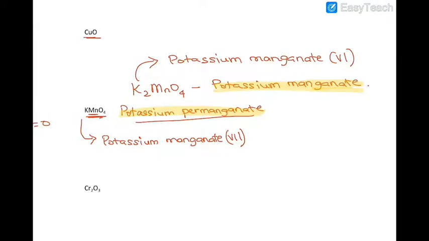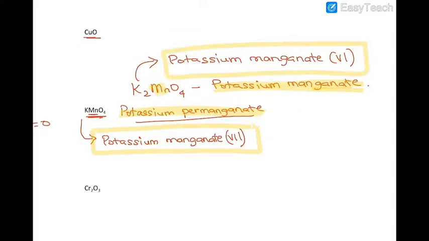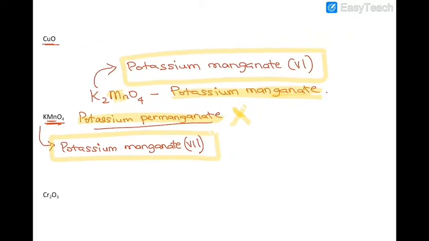So now when you're writing the names of inorganic compounds, make sure that you mention the oxidation numbers, especially of the transition metals, those that have variable oxidation states. So be careful: it's either potassium manganate(VII) or potassium manganate(VI). We do not use potassium permanganate anymore, or just potassium manganate. You need to include that oxidation number.